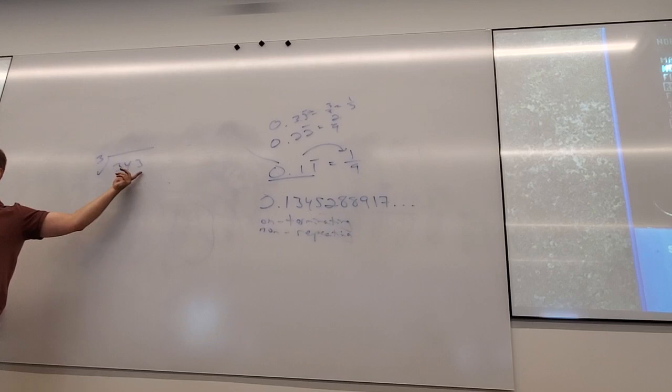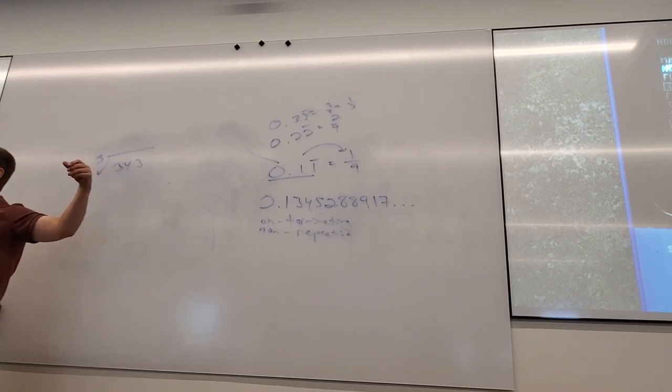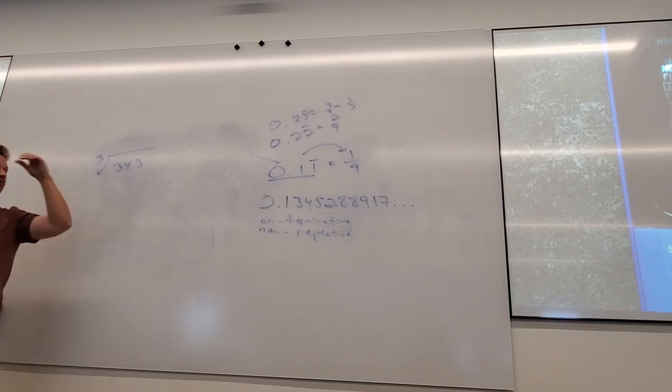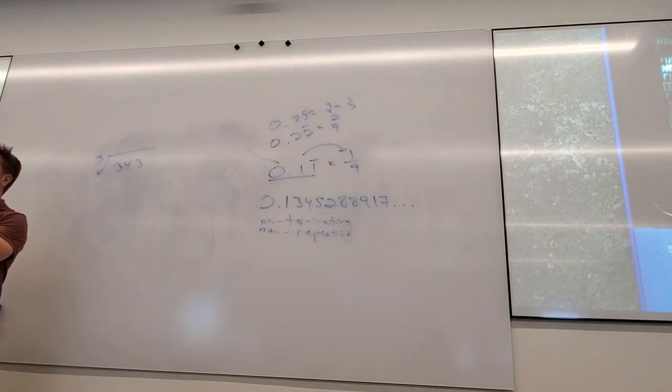It's not even, so 6 doesn't go in. 9 doesn't go in because it adds up to be 10. So 7. Then you just start doing 343 divided by 7, and you get 49, and then of course 49 is 7 times 7.